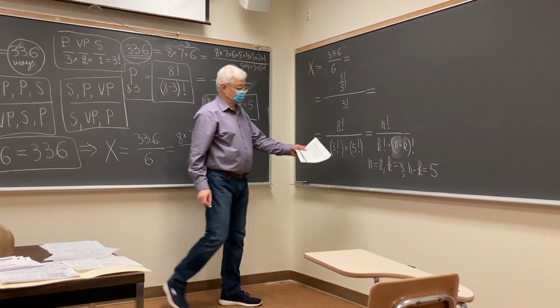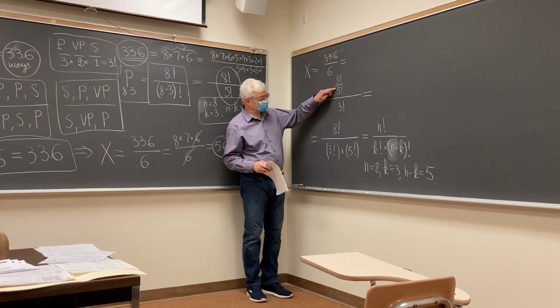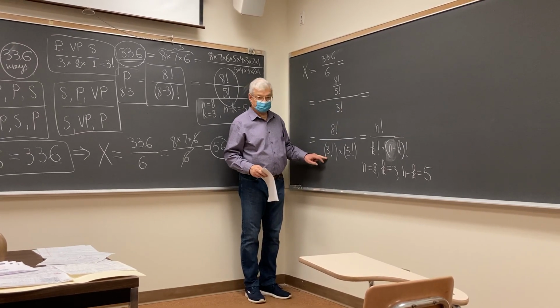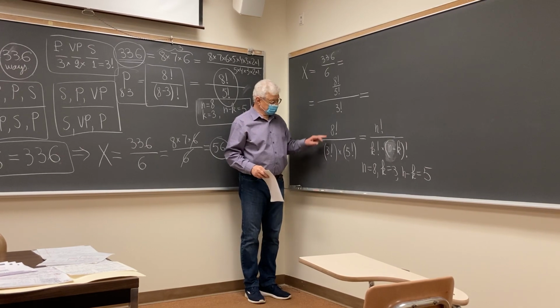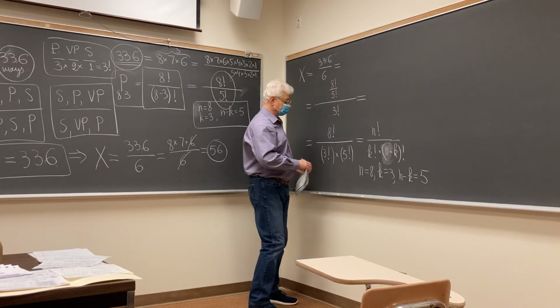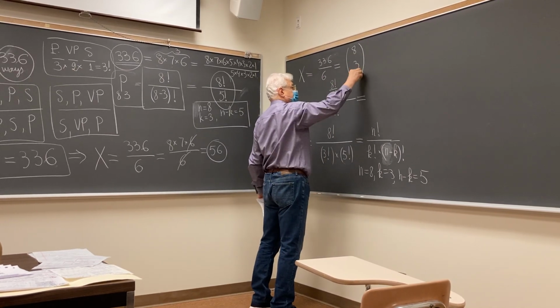Okay, very symmetric formula. Remember, I hesitated a little where to write 5 factorial, on the left side or on the right side. I put it on the left side. And that's why it's called 8 choose 3. So let me just write down: this one is 8 choose 3.